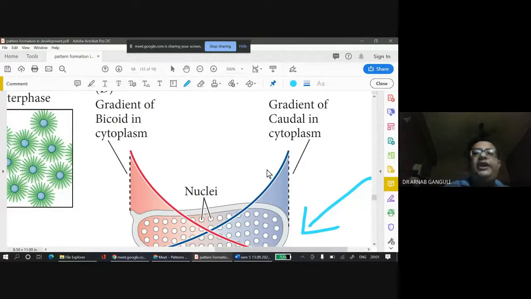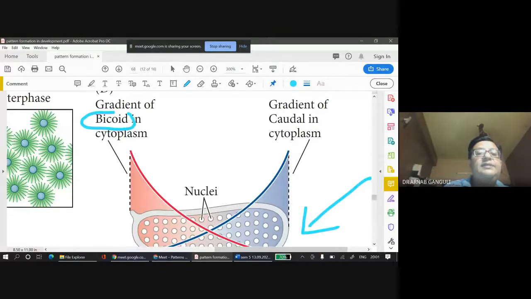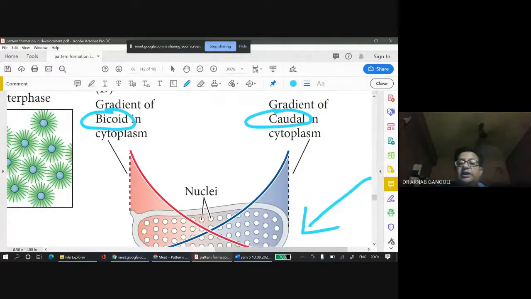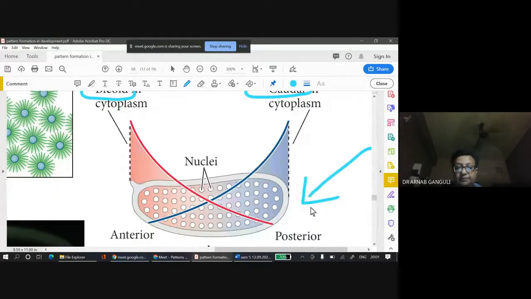One is bicoid and the other is caudal. Sorry, the reddish color is bicoid and the bluish color is caudal. This is the anterior side of the egg, and this is the posterior side of the egg.